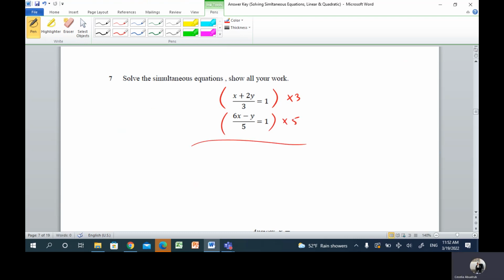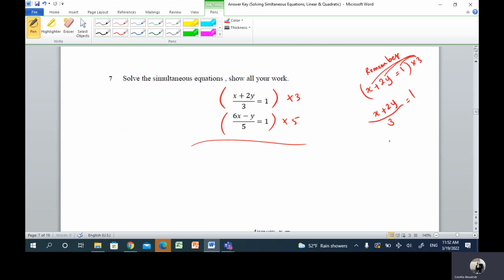So the new equations will become, please note, I'm going to try to explain here. If it is x plus 2y is equal to 1 and you're multiplying all this by 3, then you're going to multiply each term by 3. But in such a case, x plus 2y all over 3 is equal to 1.